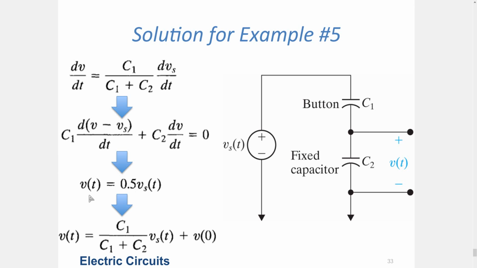Now we know that Vs equals 0.5 times Vst originally, because they both have 25 picofarads. So when nobody touches, our voltage across C2 can be written as C1 over C1 plus C2 times Vst plus V0, the initial voltage value. Typically it's 0, but we write it so that we are mathematically correct.